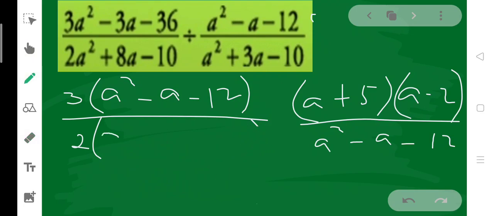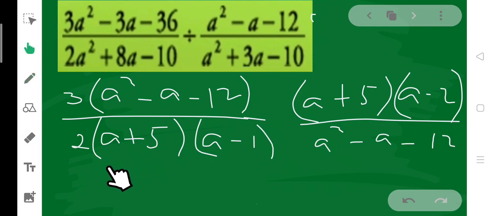So I'm going to change it to factored form. So it is a plus 5 times a minus 1. Right? Okay, so the factored form of a squared plus 4a minus 5 is, or are, the two binomials.